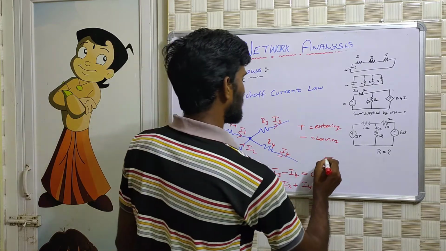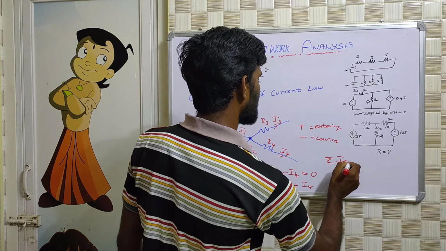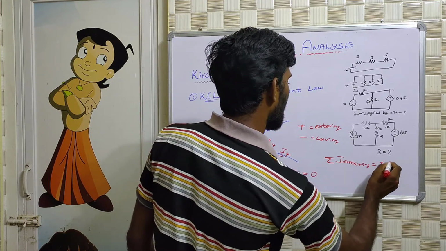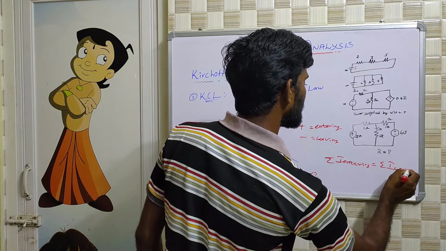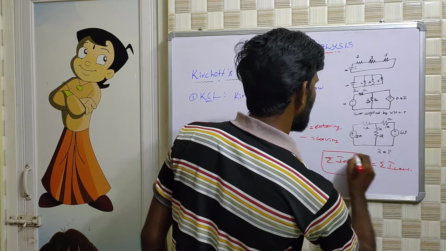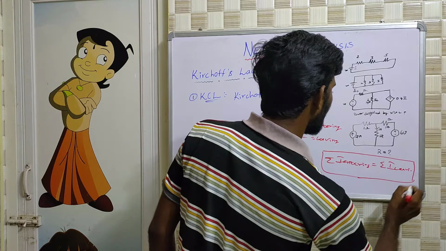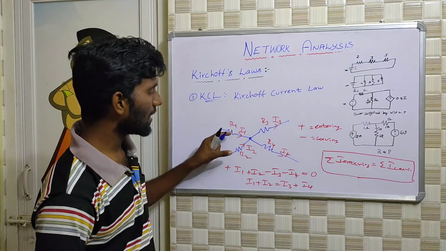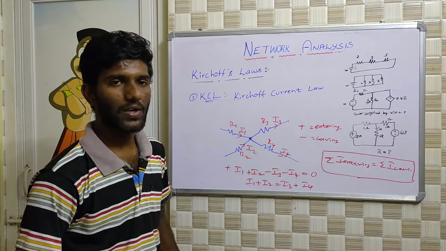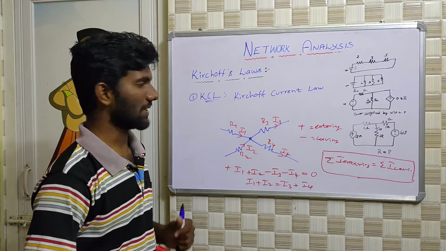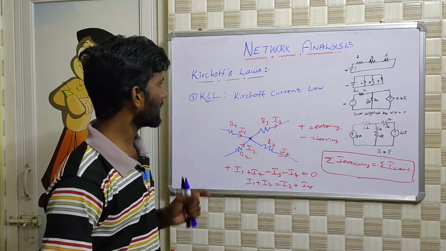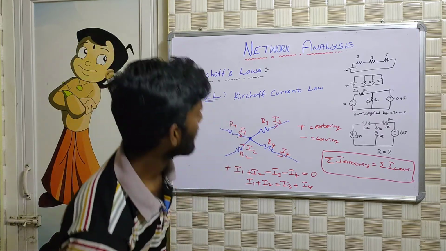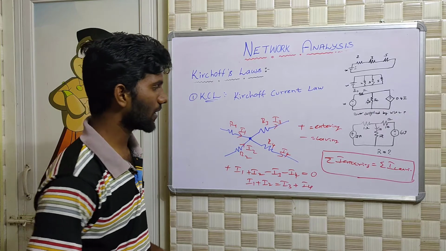Therefore, the sum of I entering is equal to the sum of I leaving. This is KCL, Kirchhoff current law: the sum of the entering currents is equal to the sum of the leaving currents. This is one of the important laws in our circuit theory. Next we are going to see KVL.